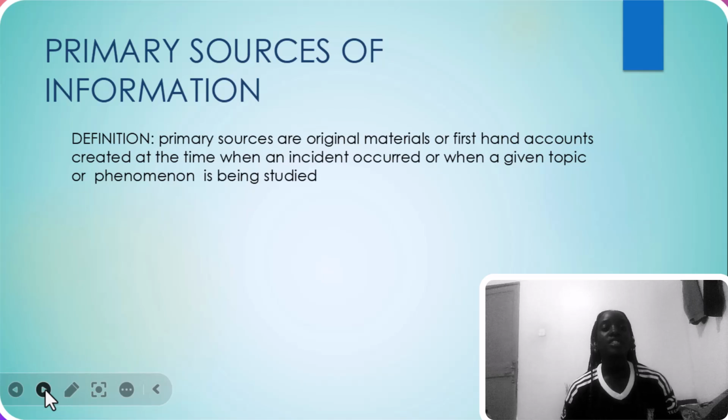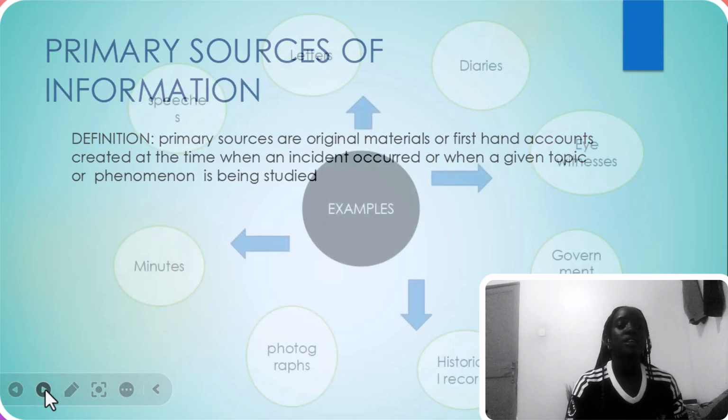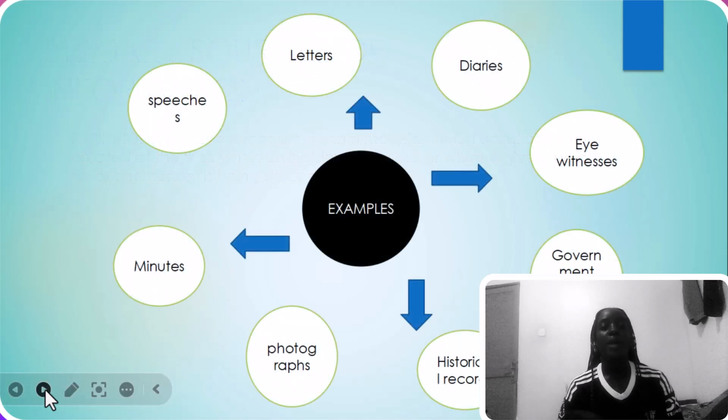So, my examples of primary sources: we have letters, diaries, eyewitnesses, government documents, historical records, photographs, minutes, and very many others.